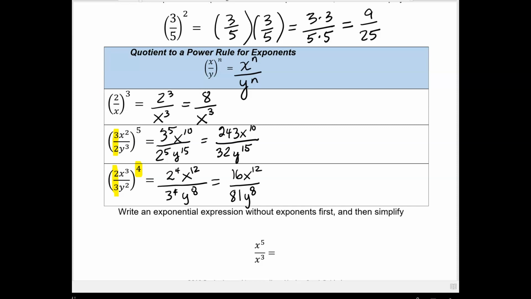So here we have again an example, x to the fifth over x to the third power. So x to the fifth is x times x times x times x times x divided by, and x to the third is x times x times x, right?